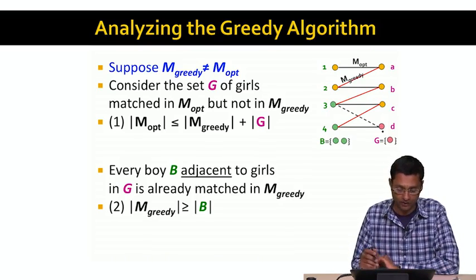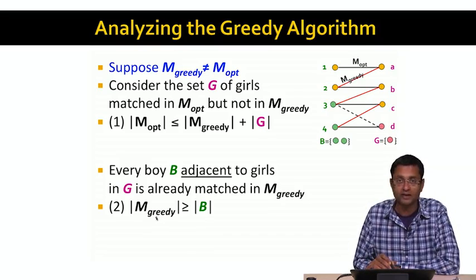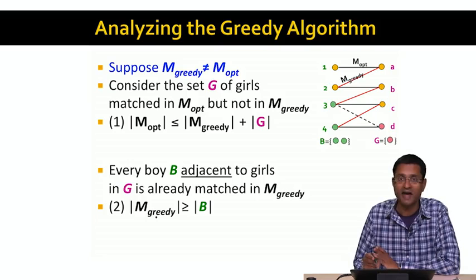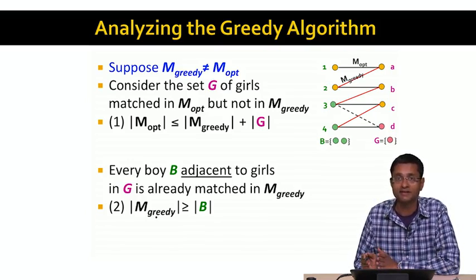So the cardinality of the greedy matching must be at least B, because since each of those boys is matched, there are at least B pairs in the greedy matching. So the cardinality of the greedy matching is greater than or equal to the size of the set B. Let's call this equation 2.